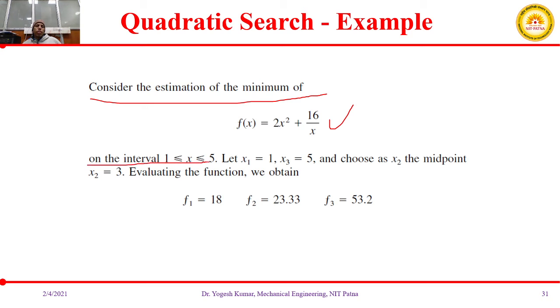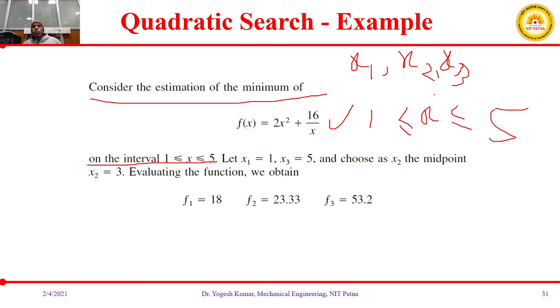The interval given here is 1 less than or equal to x less than or equal to 5. We are supposed to identify some three consecutive points.